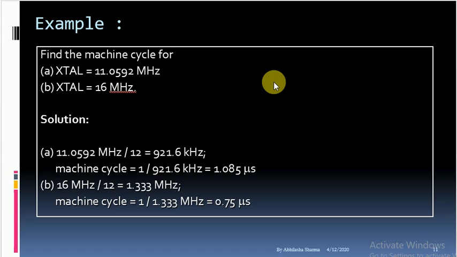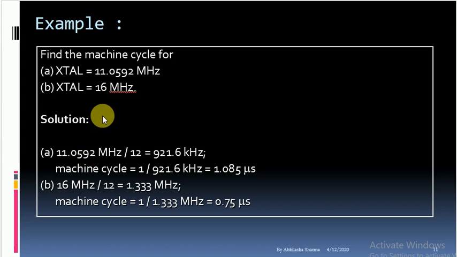For example, the question: find the machine cycle for a crystal oscillator with a frequency of 11.0592 megahertz, and another crystal oscillator with a frequency of 60 megahertz. Remember, what we want to calculate here is the machine cycle. So when we calculate the machine cycle, what is the process?